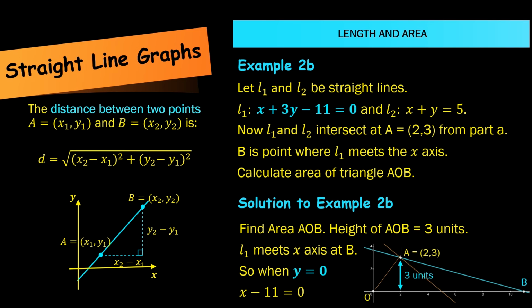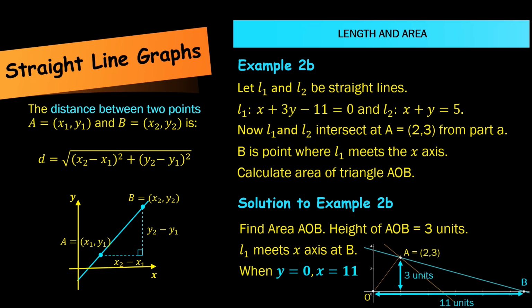And rearranging gives x minus 11 equals 0, or x equals 11. And therefore we have some of the dimensions of our triangle. We've got the base as 11 units and the height as 3 units.